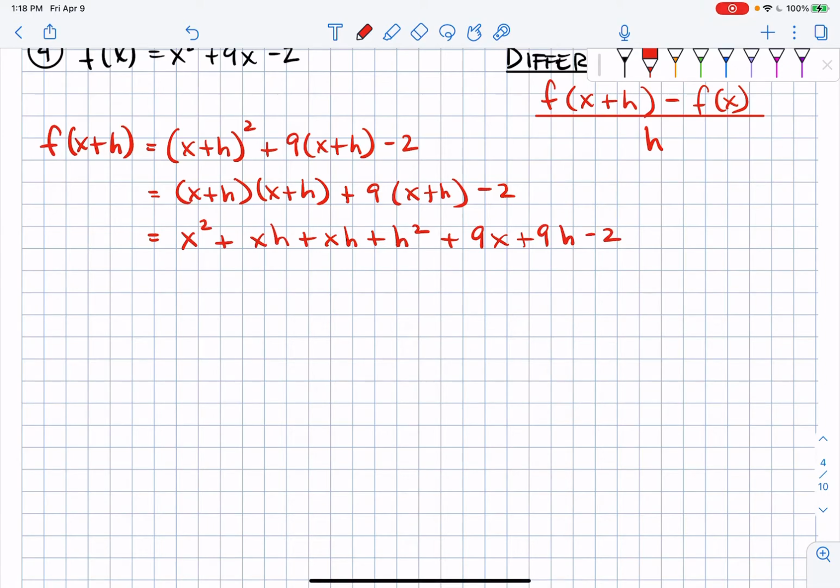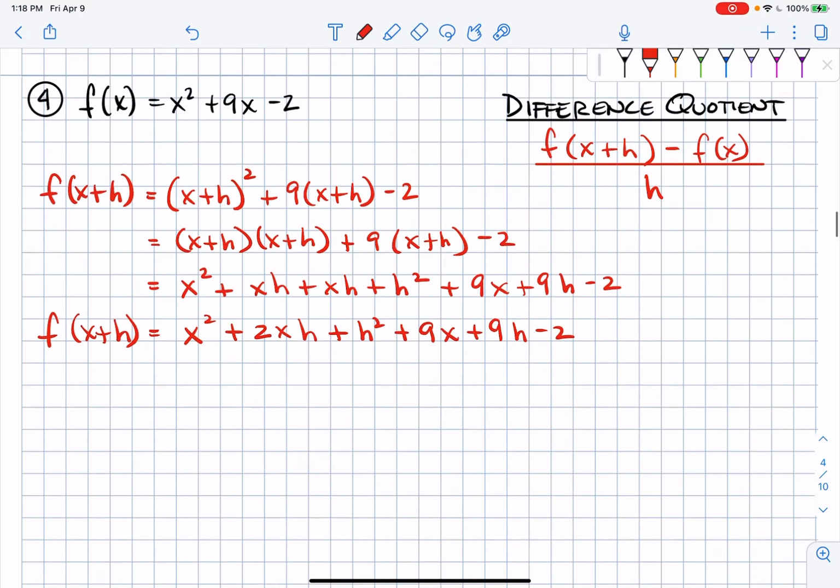I do have like terms, so let's combine like terms, not many of them. So I got x squared plus 2xh plus h squared plus 9x plus 9h minus 2. Okay, so this is my f of x plus h.